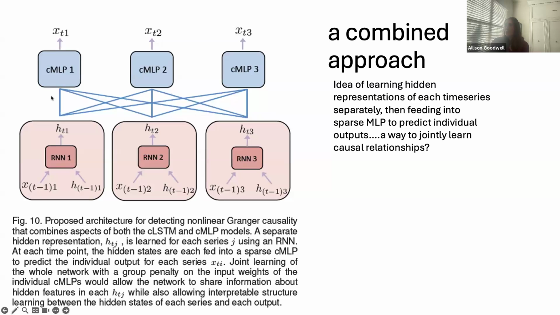And I think in this illustration, these are the weights that you would be penalizing. And let me see, joint learning the whole network with a group penalty of the input weights of the individual MLPs will allow the network to share information about hidden features while also allowing interpretable structure learning between the hidden states.